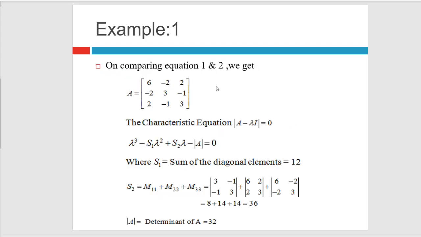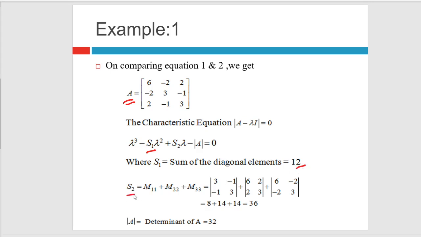On comparing equations 1 and 2 we get the A value. This is the A value. Now by applying the characteristic equation method, the second method, we easily find the characteristic equation. S1, the sum of the diagonal elements, is equal to 12.